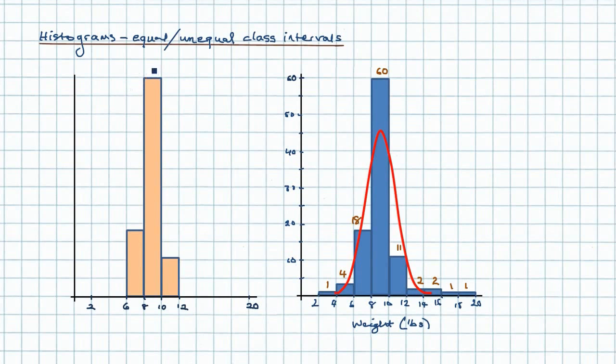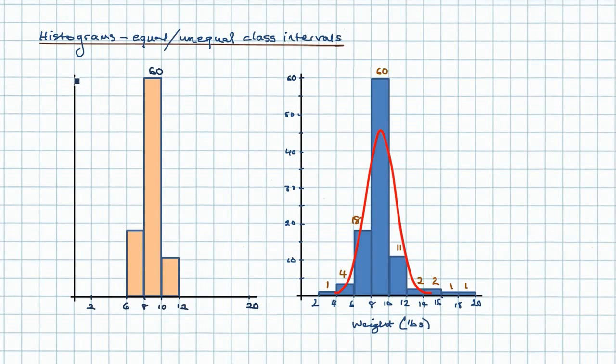So if I record what we want, we want the area to equal 60, not the height. How do we calculate the area of a rectangle? The area of a rectangle is calculated by width times height. If the width is 10 minus 8, which is 2, the height must be 30, because 2 times 30 will give us 60.